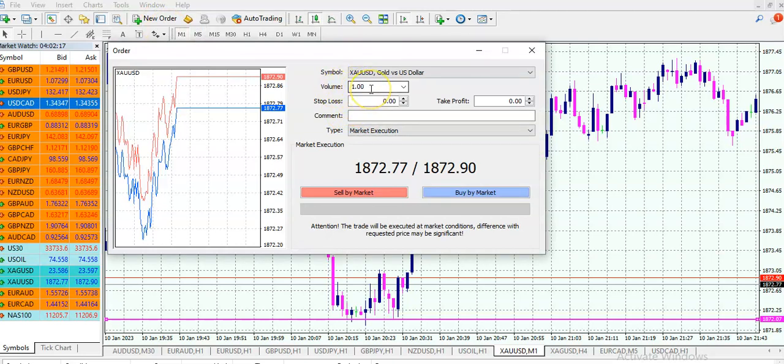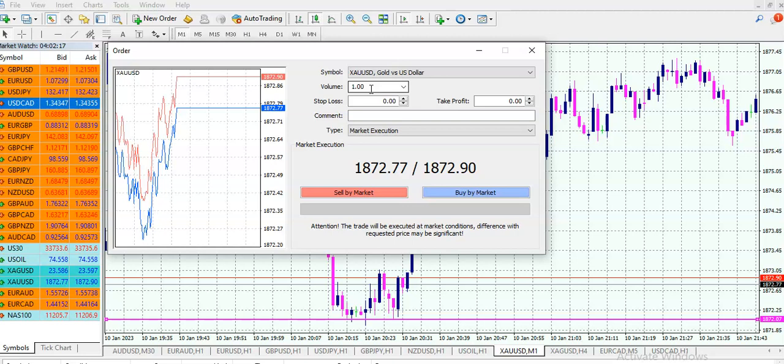Now, in the volume area, that is where your position size is going to be. You must have calculated your risk. Of course, you know how to do that. If you don't know how to calculate your risk, I suggest that you go through the tutorial I made on risk management.